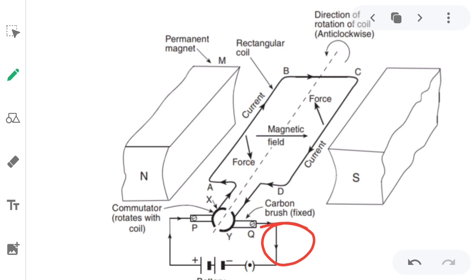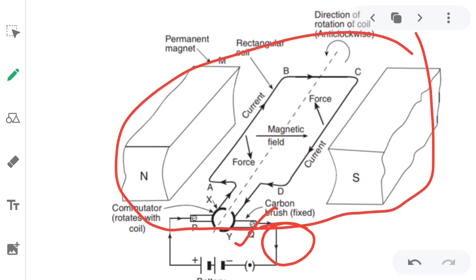So that's why, to avoid the twisting of the wire, we use the carbon brush. Those were the functions of the different objects which we use in an electric motor. I hope you have understood the construction and working of the electric motor.